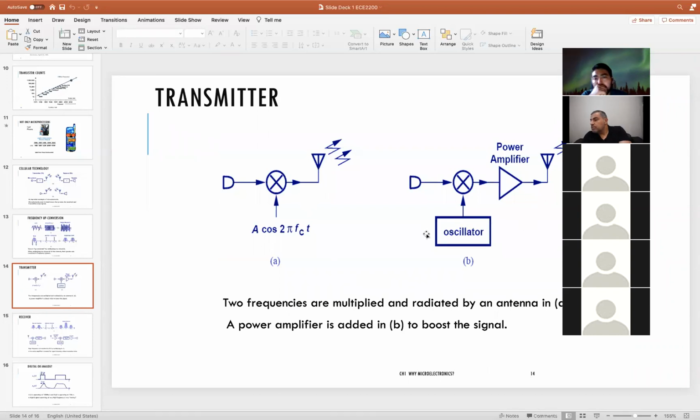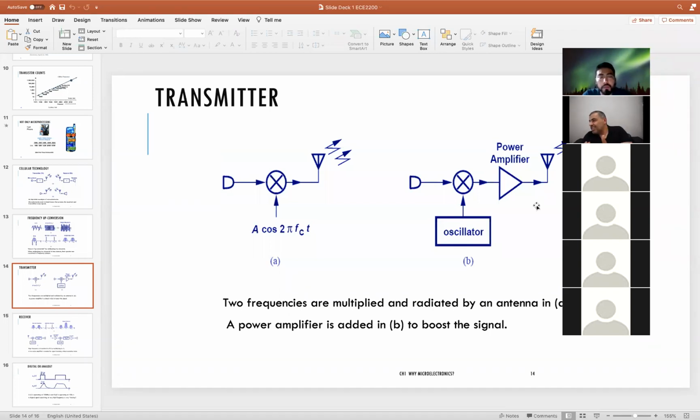You need an oscillator to generate this frequency, something that creates a multi-gigahertz signal. This is an example of a microelectronic component. You need an amplifier that takes this very weak signal and boosts it.